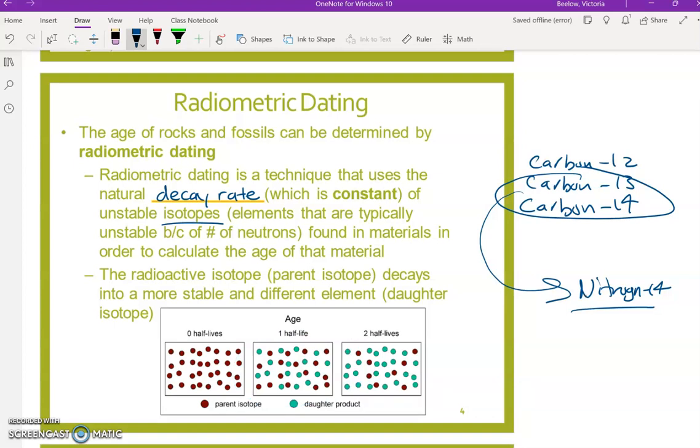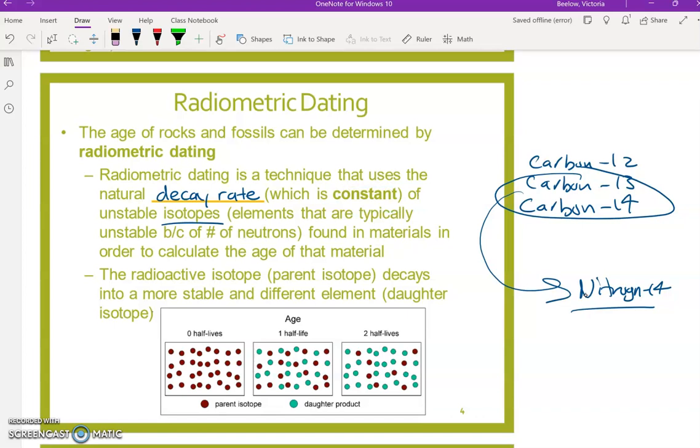So when these radioactive isotopes decay, the original one is the parent isotope, and it will decay into a more stable element, like nitrogen 14. We call that the daughter isotope. And the rate at which that happens is constant. So it's always the same. You can look this up for various elements.